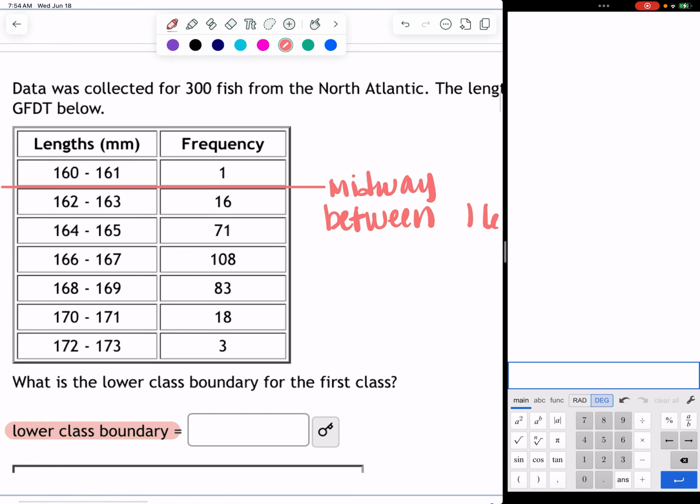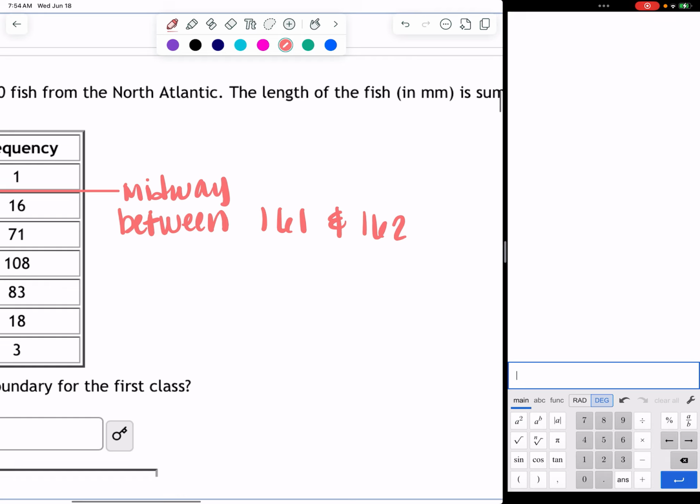Because this is on the top end or the higher end, numerically speaking, for the first class, this would be the upper class boundary for the first class.